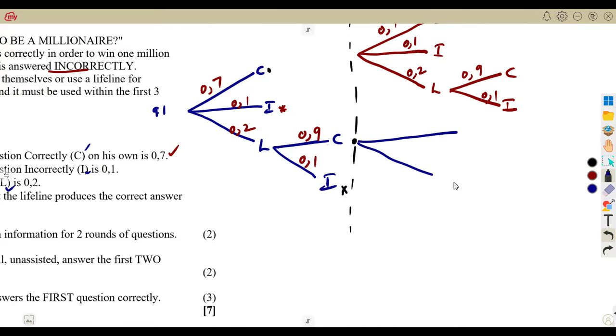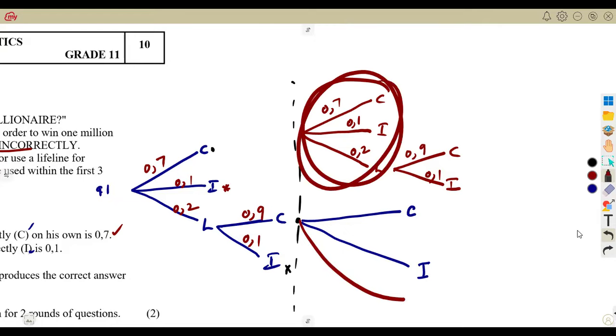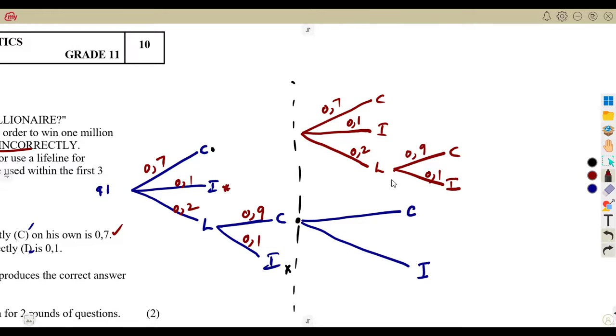That's another part. If it was correct, it was supposed to give us, this is the branch, a normal branch for correct. It was supposed to be like this. But remember now that the lifeline is used once. So no matter what you have after this lifeline, you are going to be considering either correct or incorrect. We are not going to have another lifeline again, because we would be supposed to have a branch like this with correct, incorrect, lifeline.